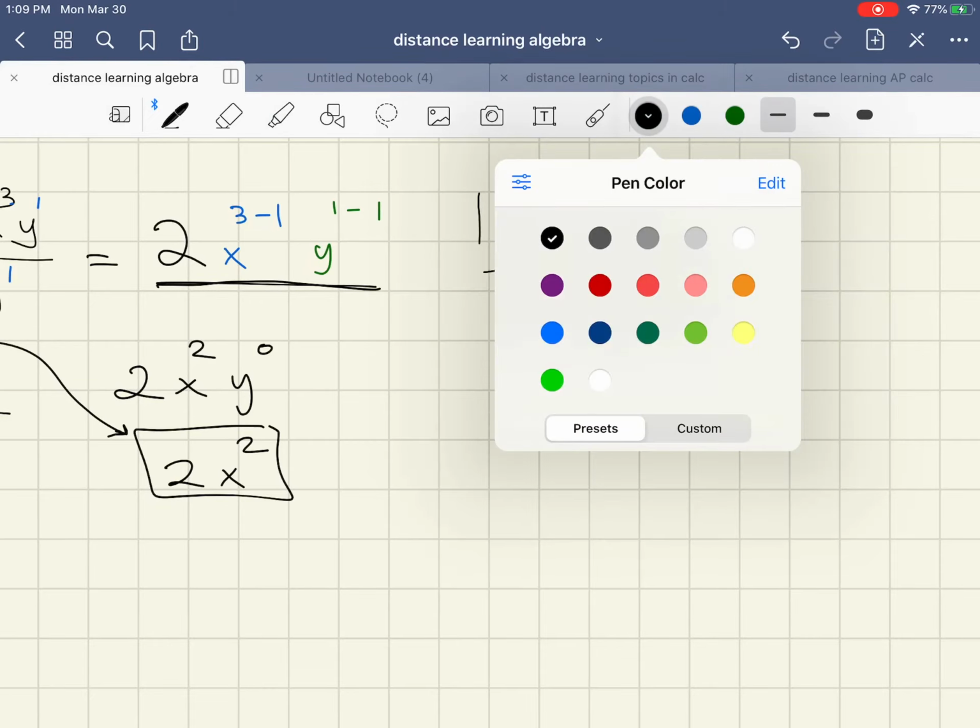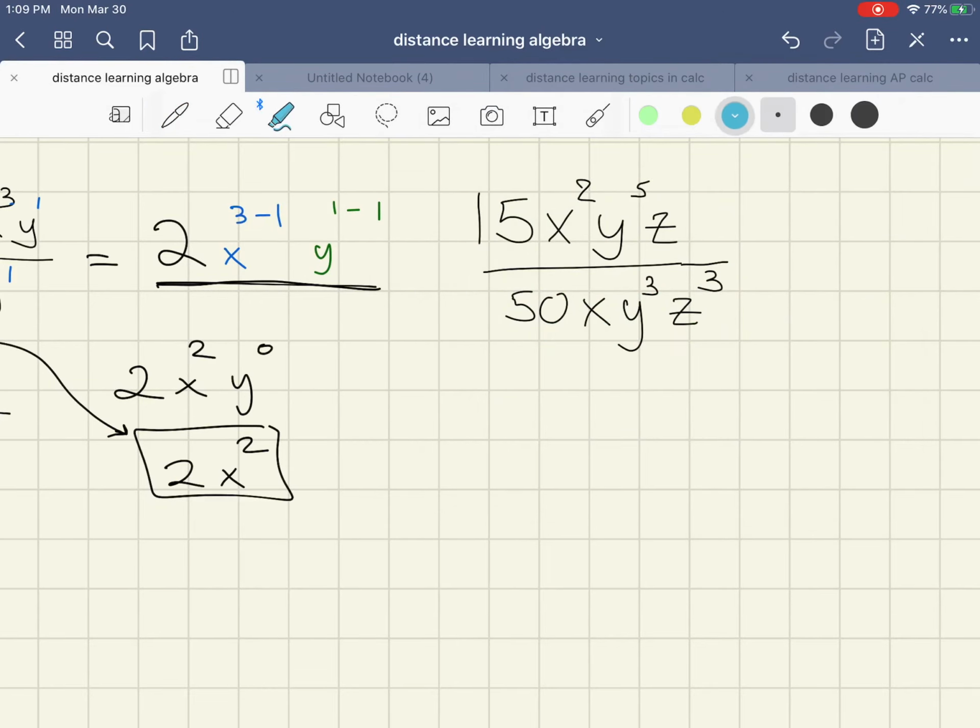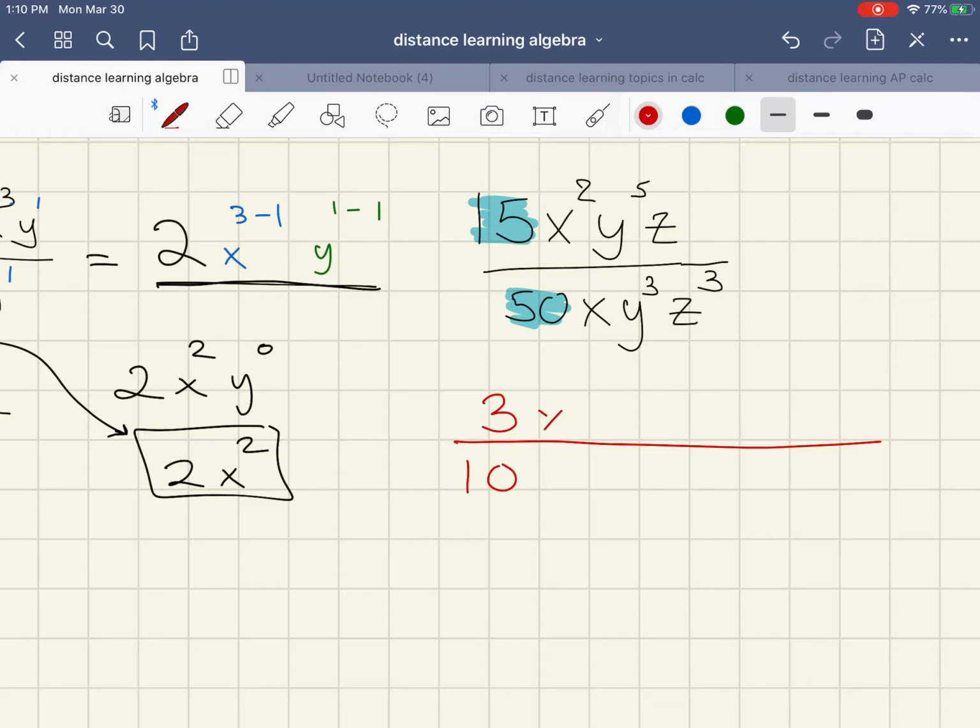Here we have to take a look at this fraction. So if we look at the fraction, 5 goes into both 15 and 50. So I'm going to reduce by 5. And if you're using the cancellation technique, we have x's canceling here.